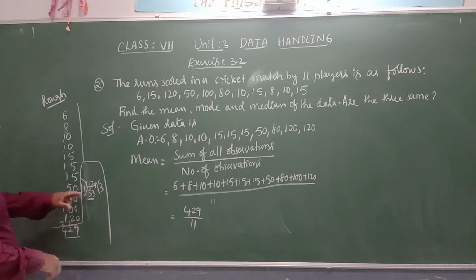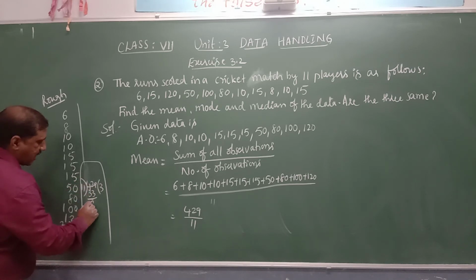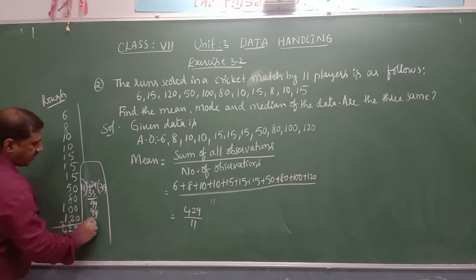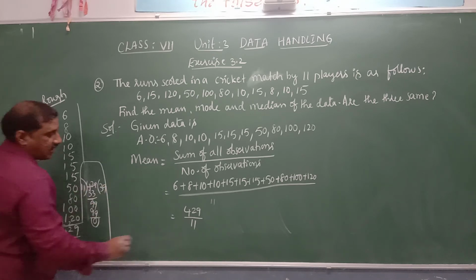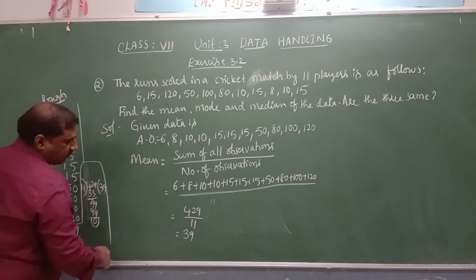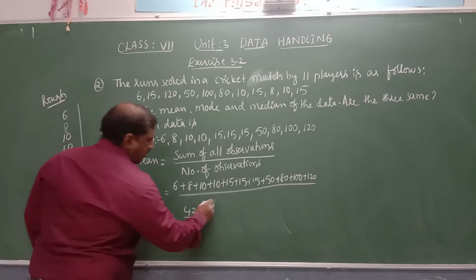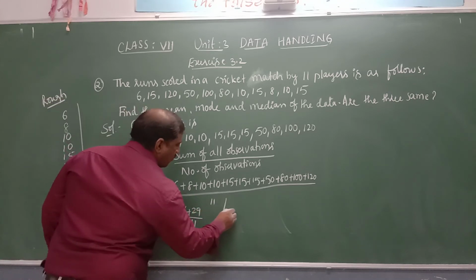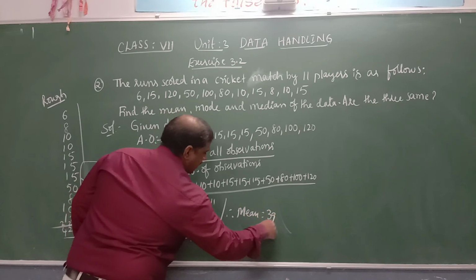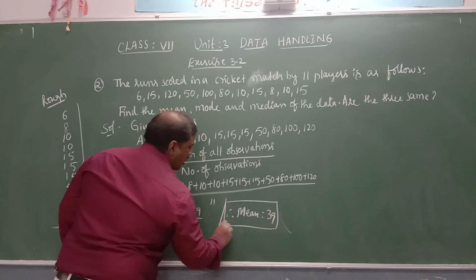Borrowing, 12 minus 3 is 9, bring down 9, 99. 11 nines are 99. Therefore the quotient is 39. So how much did we get? 39. Therefore the mean is 39. That is, the mean score is equal to 39.